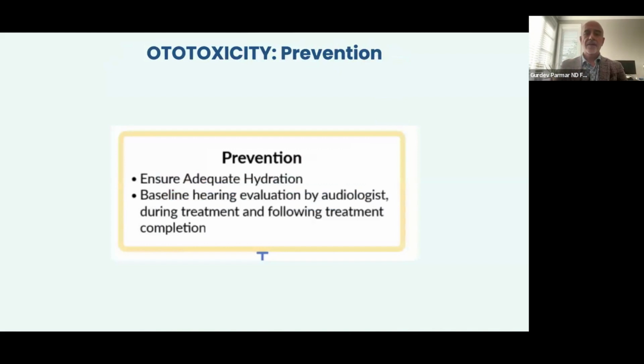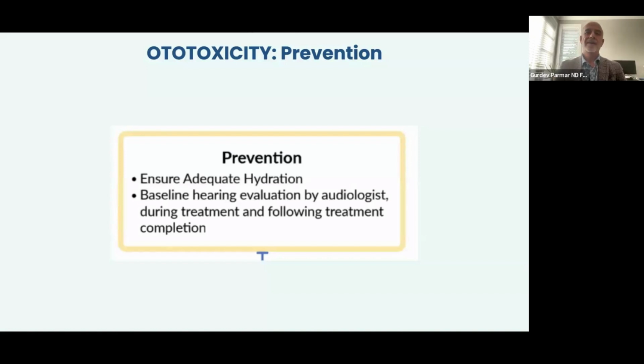I mentioned earlier in the ototoxicity algorithm that carboplatin and cisplatin are the two most common reasons for ototoxicity in the cancer patient from a chemotherapeutic agent. And one of the only things that's been shown to help prevent the severity of the ototoxicity, or ototoxicity occurring at all, is adequate hydration.